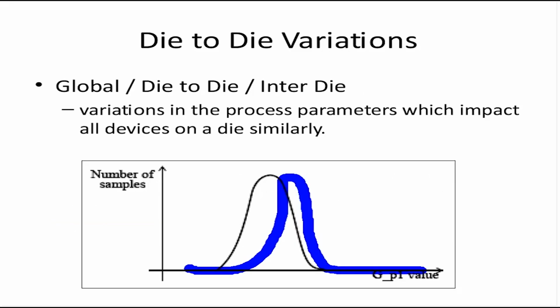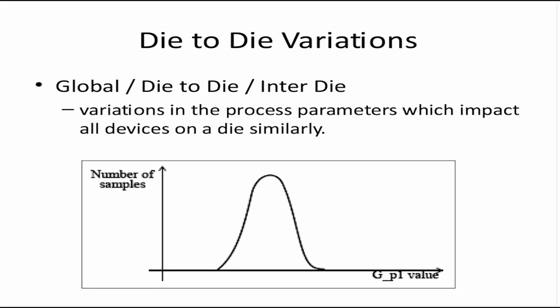Now let's look at this curve a bit differently. Assume that this curve is GP1, but now the number of samples is the number of dies. So the GP1 parameter is nothing but the average value of GP1 across a number of dies. Let's say I plotted this across 1000 dies.